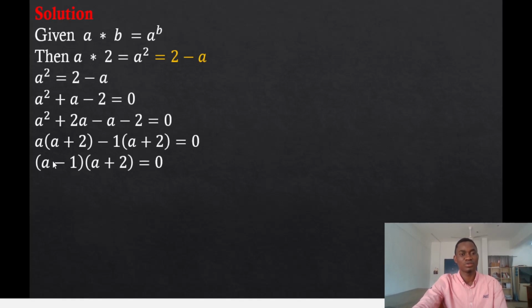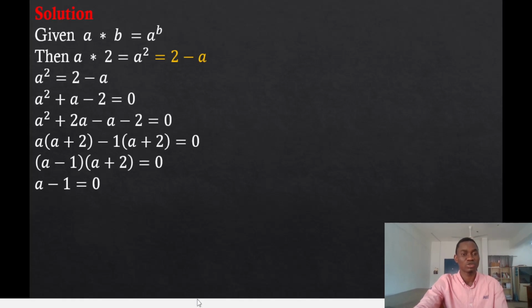If two expressions multiply to return 0, it means either of them is 0. It's a known fact in mathematics. Either the first expression is 0 or the second expression is 0.